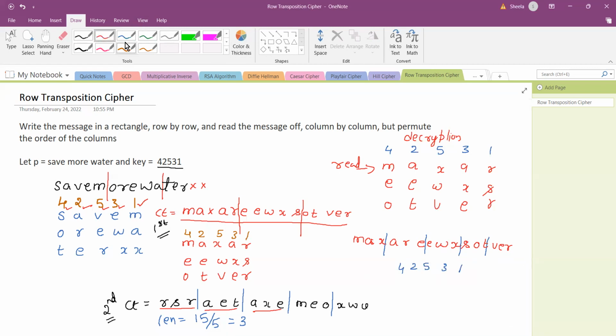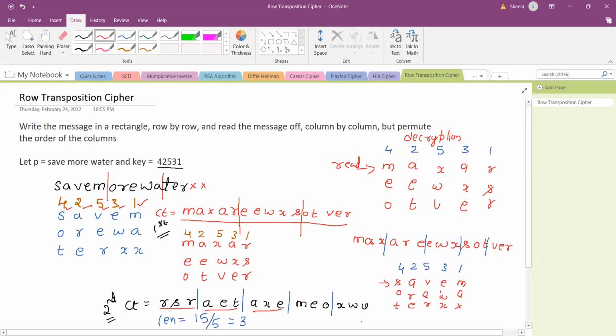According to that, the first element is MAX, which I write here. Then the second element ARE, the third element EWX, the fourth element SOT, and the fifth element VER. Now you read row-wise.